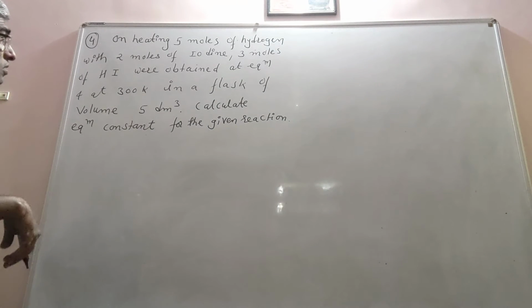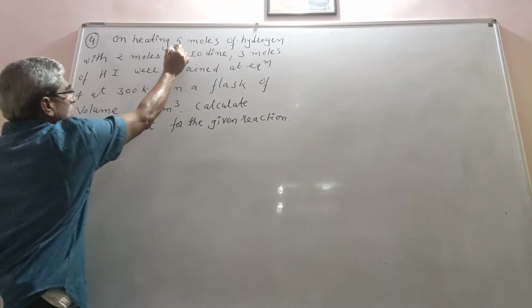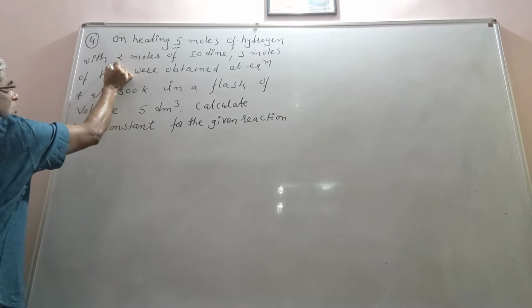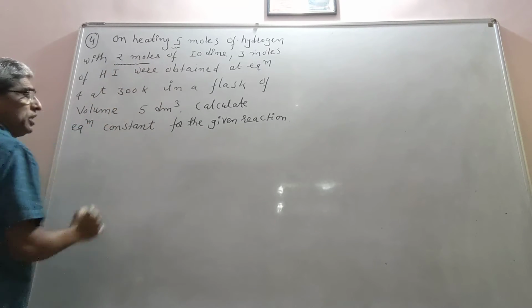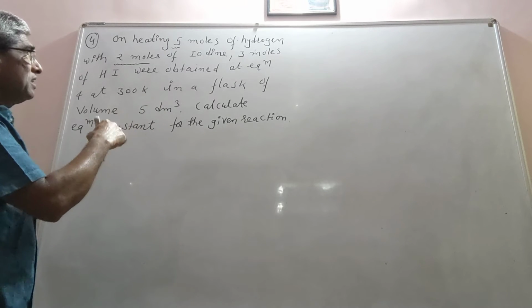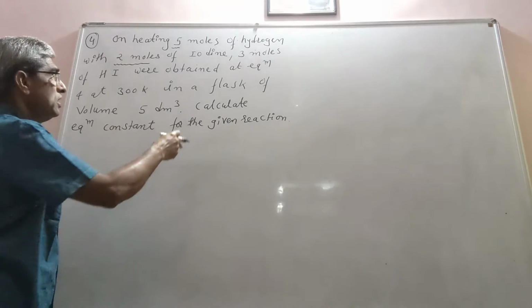Simple numerical. Concentration is important. On heating 5 moles of hydrogen with 2 moles of iodine means reactants are hydrogen and iodine, and their moles are given as 5 moles and 2 moles respectively.